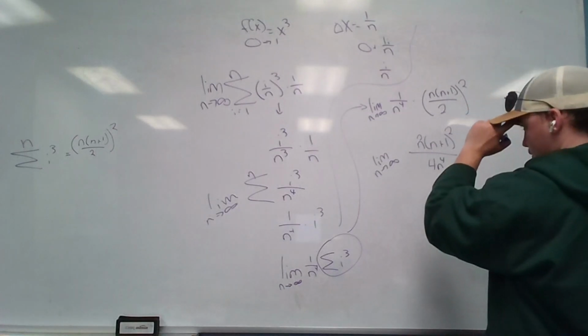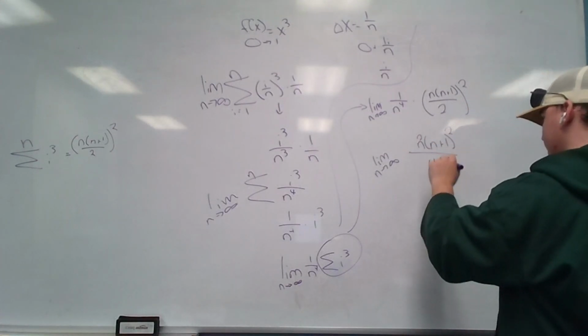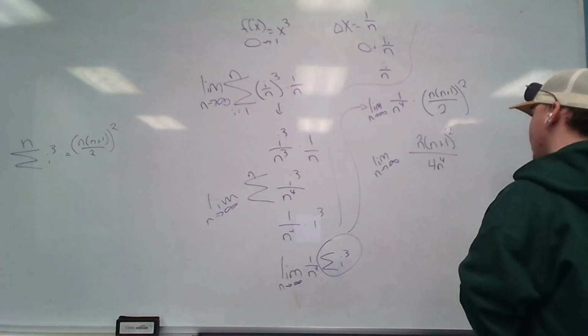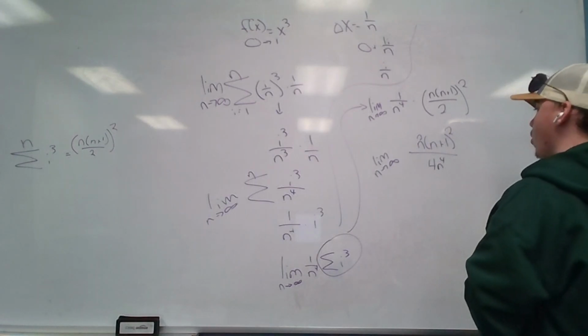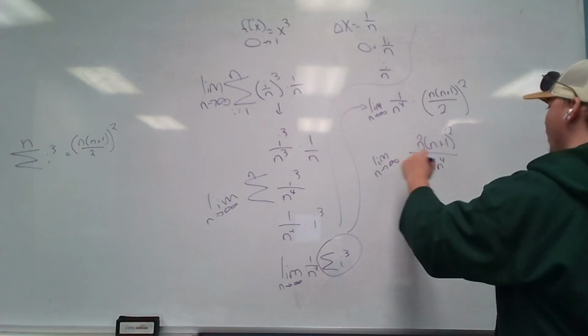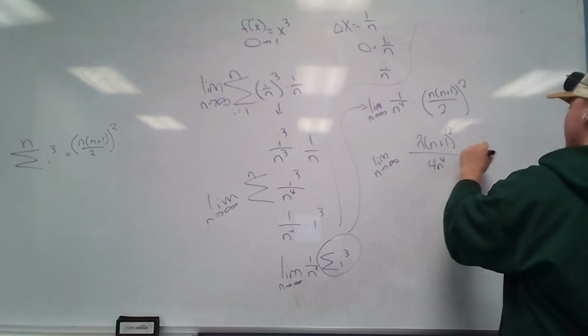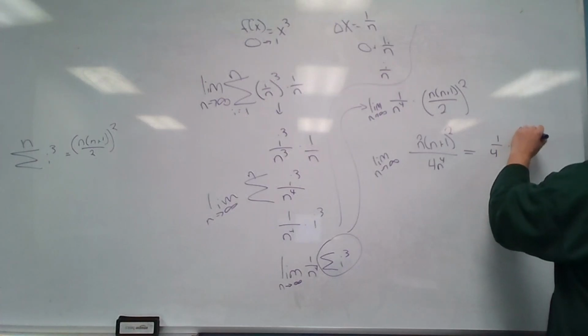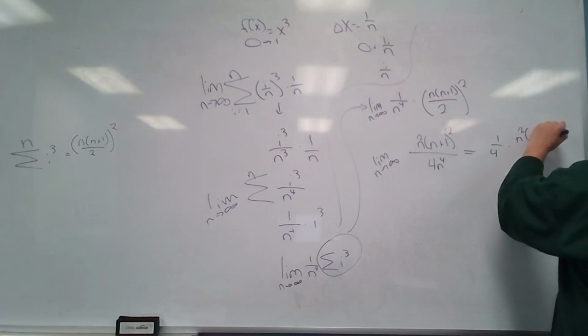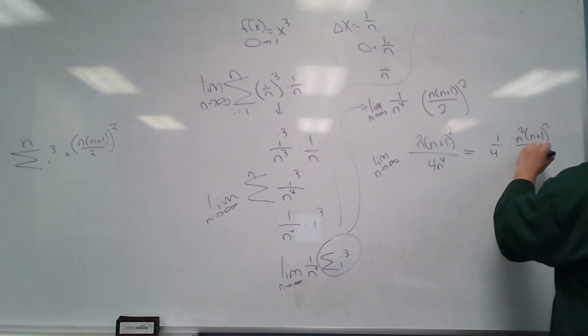So now what I can do is take out the coefficient, which is 1/4. So this is equal to 1/4 times n squared, n plus 1 squared, over n to the fourth.